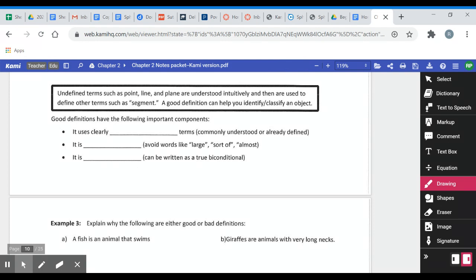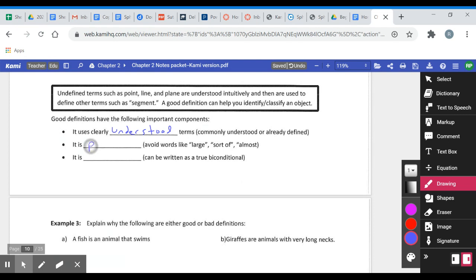It usually is clearly understood. Okay, it uses clearly understood terms, commonly understood or already defined.